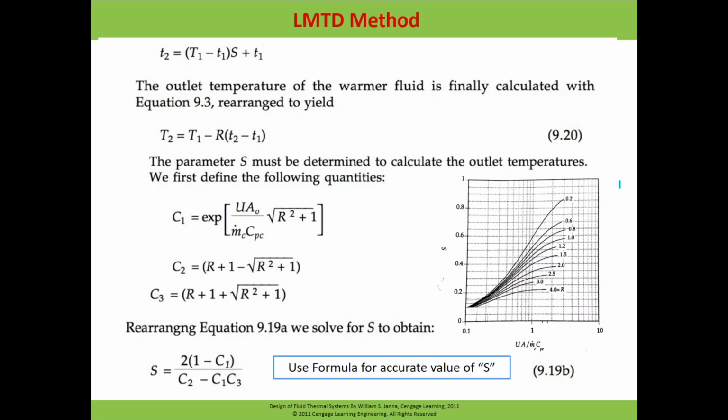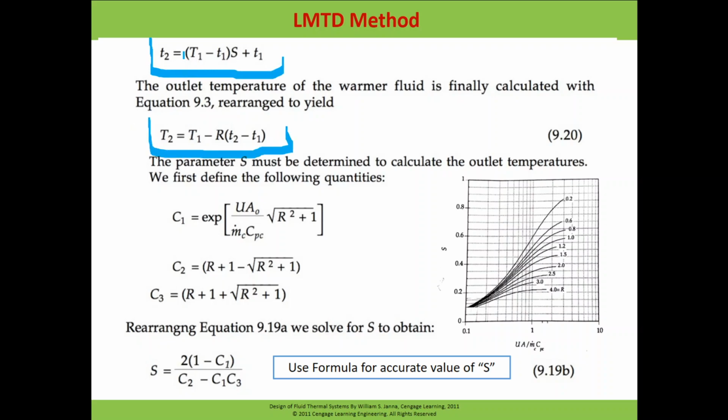Now it comes to how we calculate the outlet temperatures. We know from the double pipe heat exchanger that we have two methods for calculating the outlet temperature. One is the LMTD method and another is the NTU method. As for the LMTD method, this is how we calculate the final temperature of the fluids.